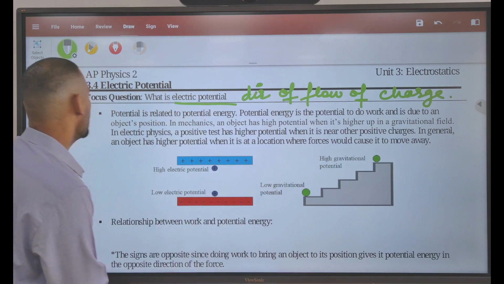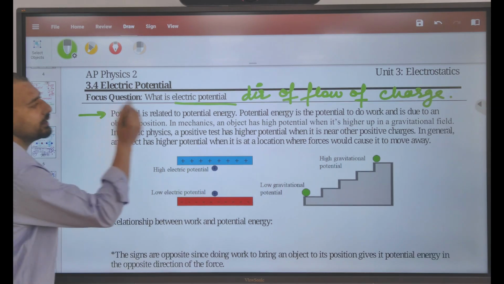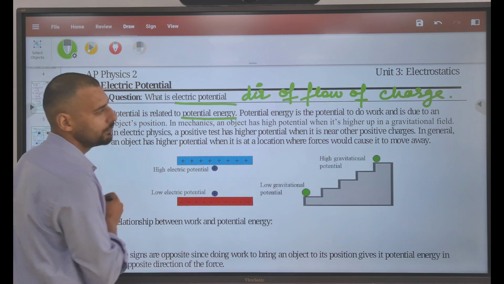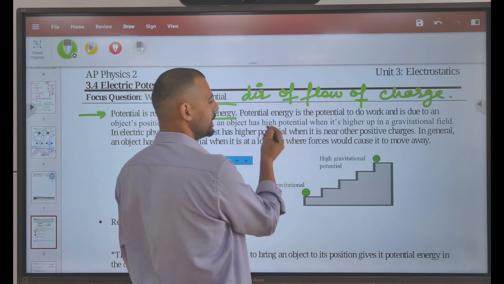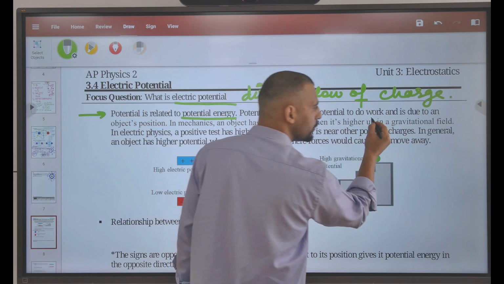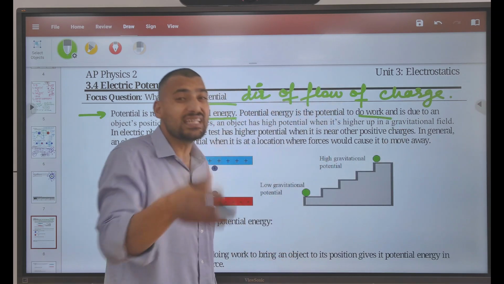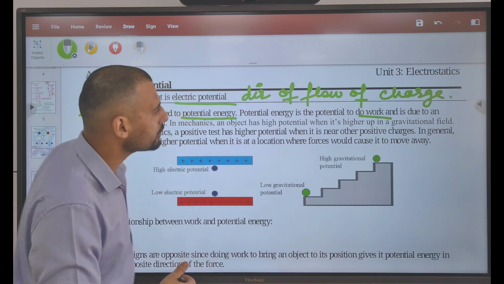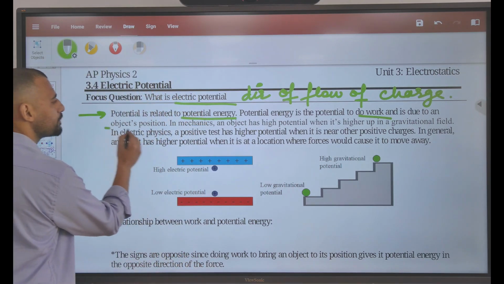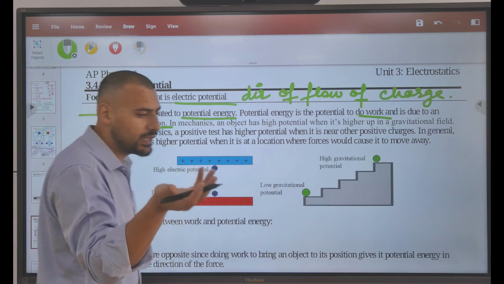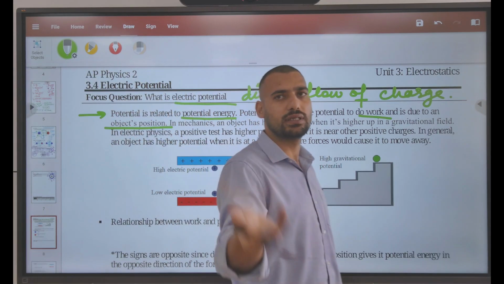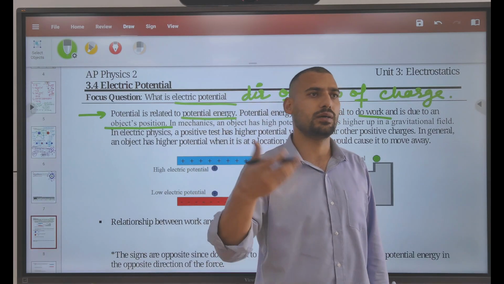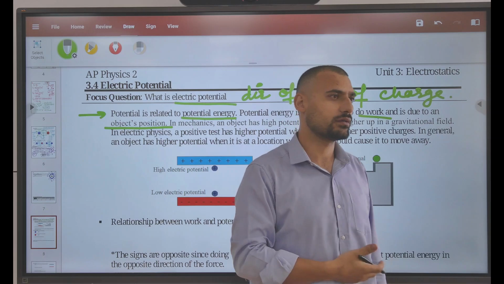Fine? So, potential is related to potential energy. But what is potential energy? Potential energy is the potential to do work. It is the tendency of a body to perform work, and is due to an object's position. If I simply ask you what is potential energy, you will tell me it is the energy possessed by a body due to its position, isn't it?